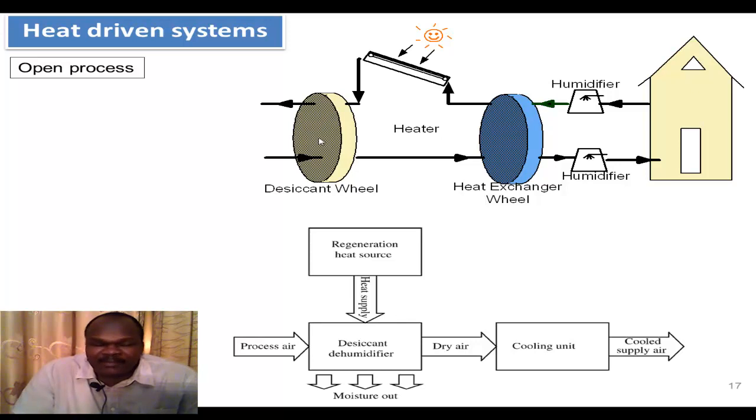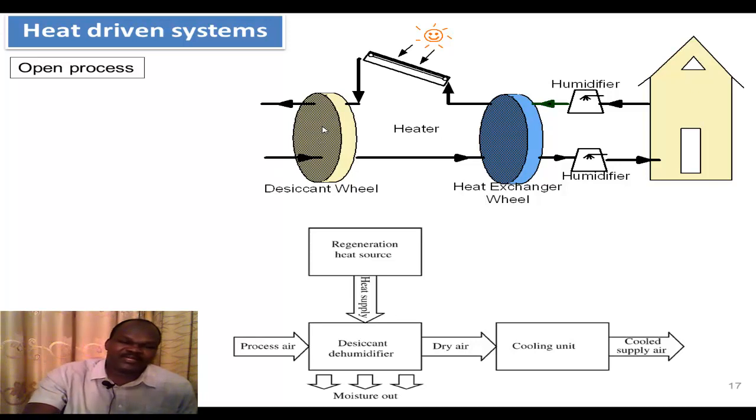You have some materials on the market that people use in their wardrobes in order to prevent humidity going into their clothes. These materials are not different from our desiccant wheel here. They are desiccant materials, meaning that they absorb moisture.